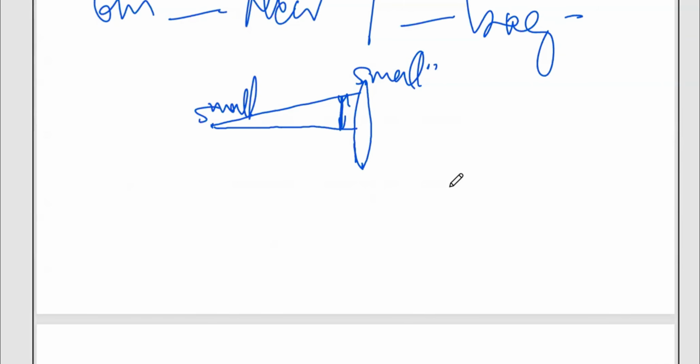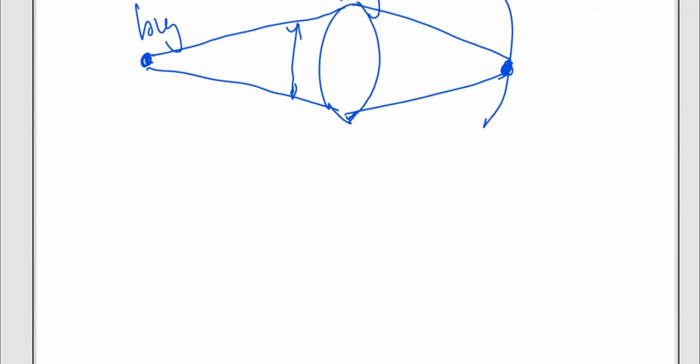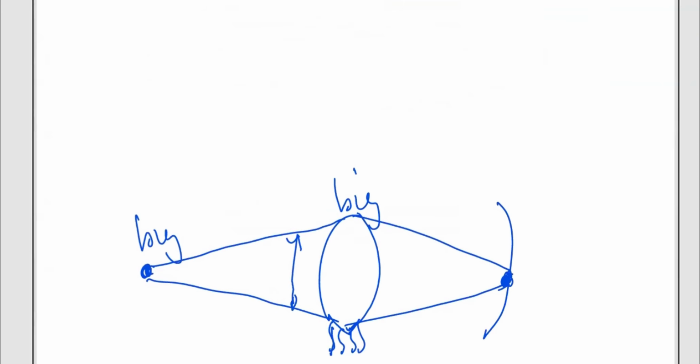So, we can say that this is because of the muscles which are attached to it, called the suspensory ligament. When they become taut, they are being pulled, then they pull the lens. While here, the suspensory ligaments slacken. They become loosened.